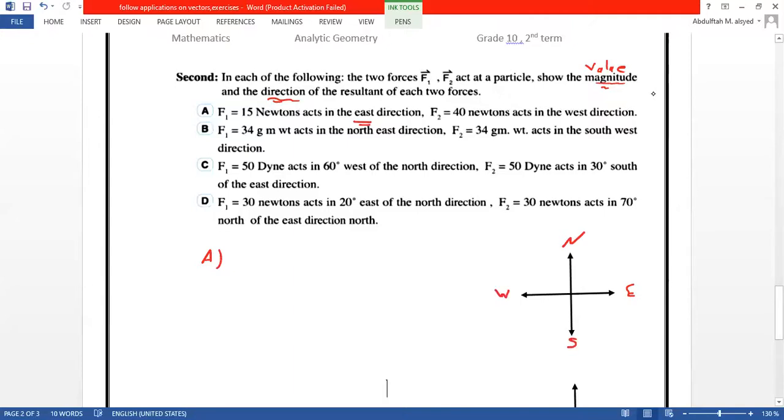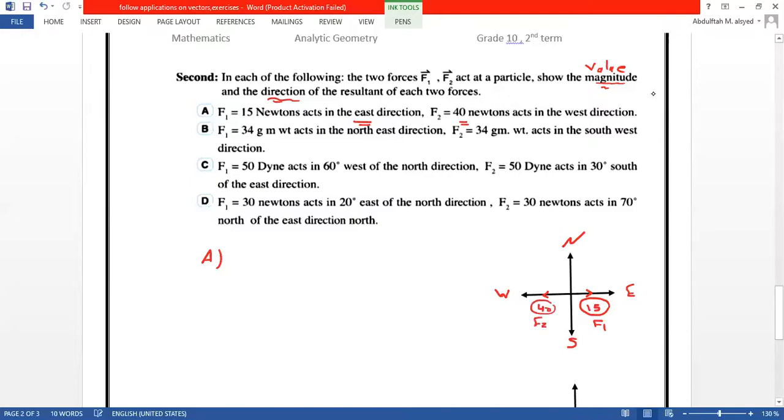In the east direction, 15 newtons, which is F1. Also, F2 is 40 newtons and acts in the west direction. So this is the west direction, and F2 is 40.